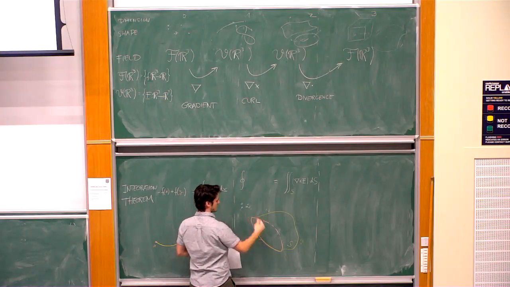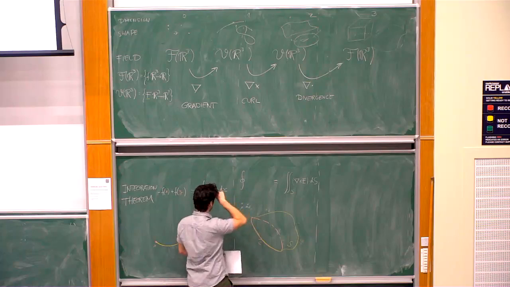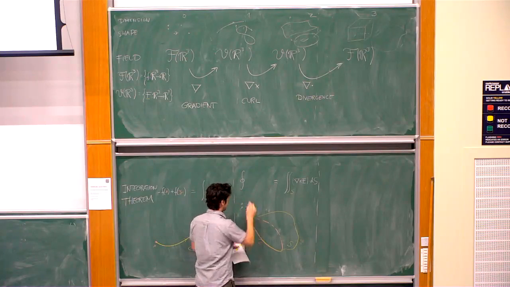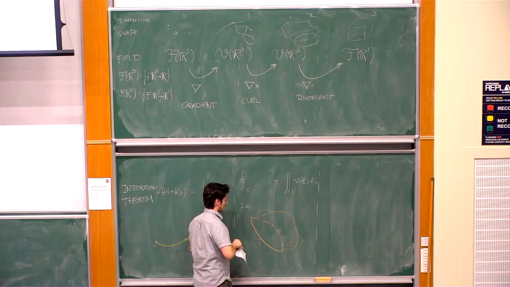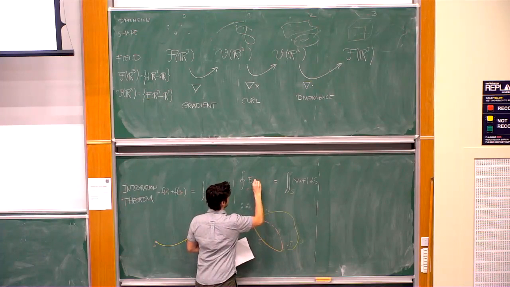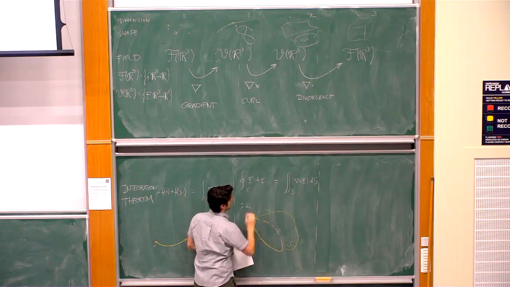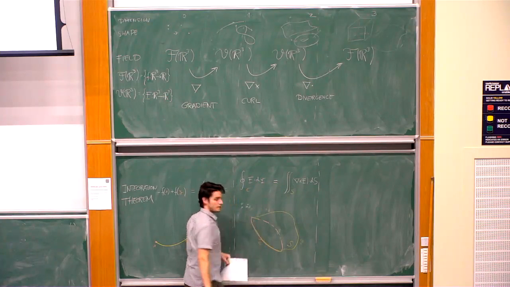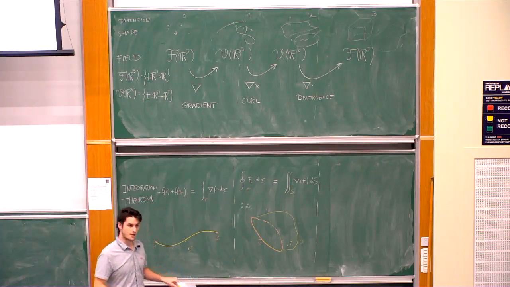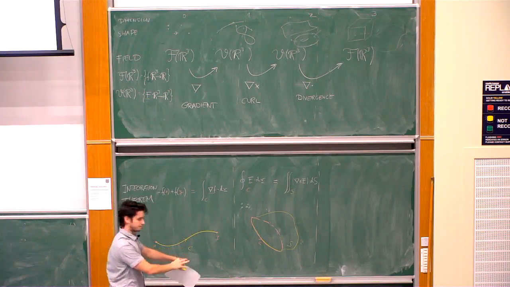Now, a boundary is always closed, so we emphasize that with the circle, and then we do the line integral over the boundary. Okay? Everyone happy? This is just Stokes' theorem again.